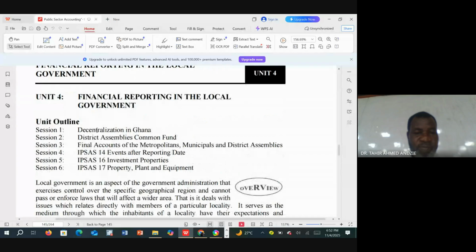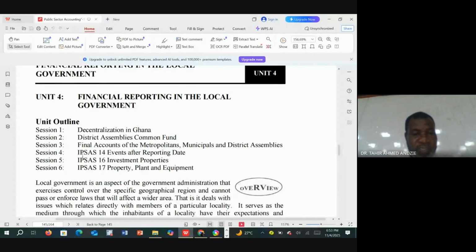The account is very simple, but there are certain things we have to learn about the local government. The first one is decentralization in Ghana. We are also going to look at the District Assemblies Common Fund, because most of the financing for these assemblies is the transfer from the central government, which is the Assembly Common Fund and any other fund. Then we have the financial accounts of the metropolitan, municipal, and district assemblies. That one is very simple.